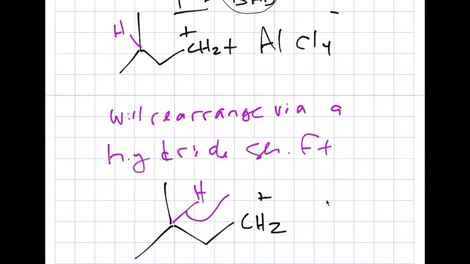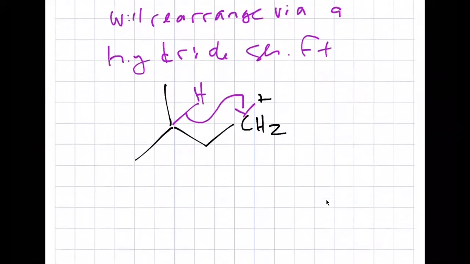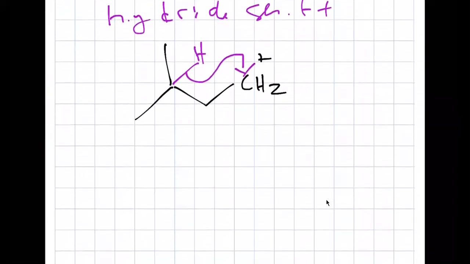I'm just going to move the hydrogen and its electrons. That's why I put the arrow on the bond, to show that the whole thing is migrating, the hydrogen and the electrons from the bond. So you end up with this cation.